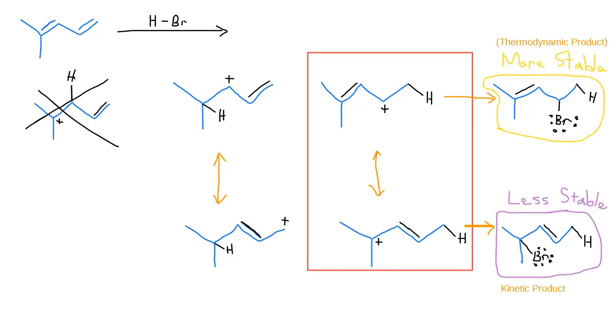So it's much more likely for a bromine to come in there, because the positive charge is in a more stable tertiary position. However, if you look at the top, it's in a secondary position, so that's not as favored. But here's the thing that we have to recognize about this particular reaction: this is reversible.